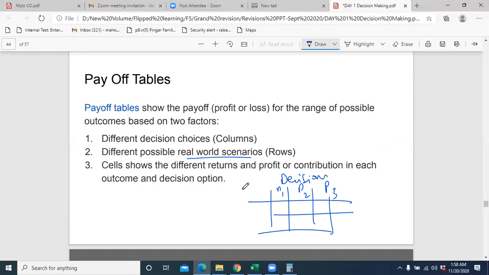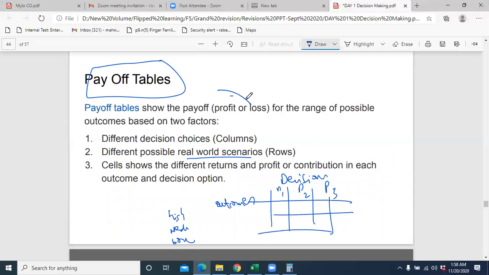The world scenarios are the outcomes of the decision, and outcomes could be more than two, could be three. That would be an uncertain outcome because you're not sure of the demand. In each case, demand could be high, medium, or low. So first of all, you need a payoff table for that.